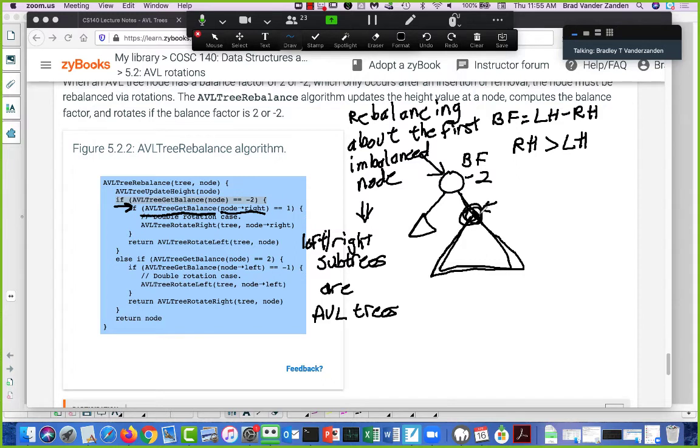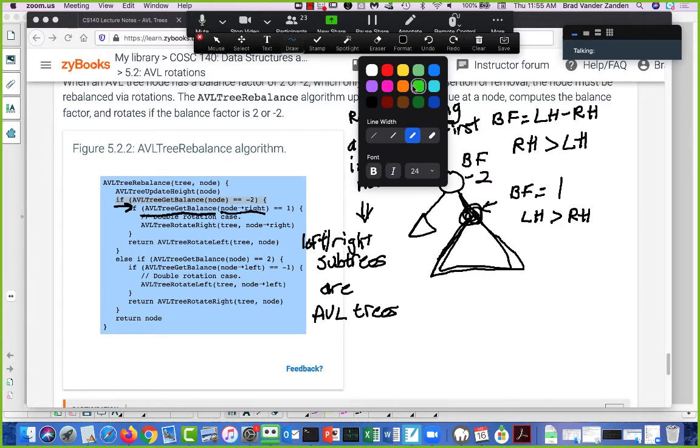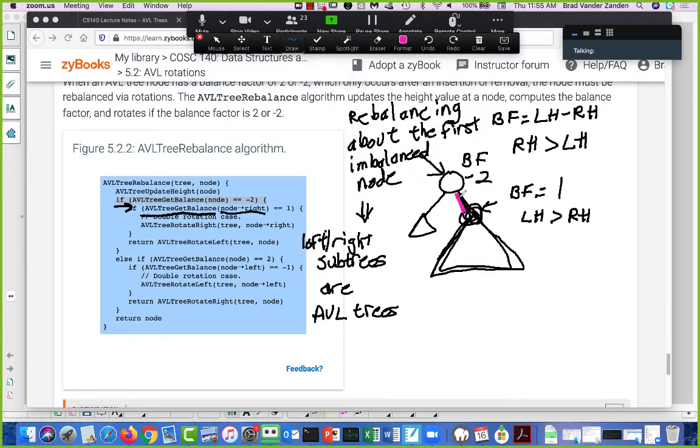So we check to see if its balance factor is 1. If it's 1, that means the left height is greater than the right height, which means we have a zigzag case. So we came down here and we checked the balance factor.